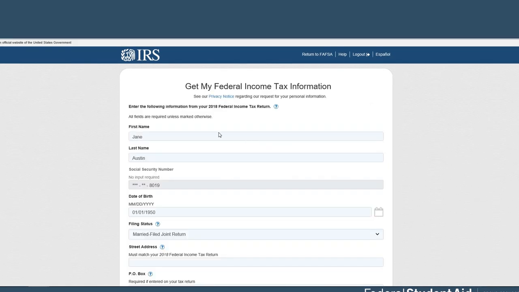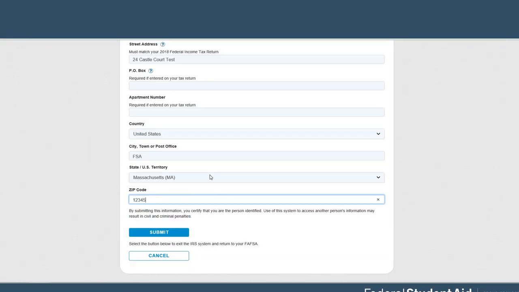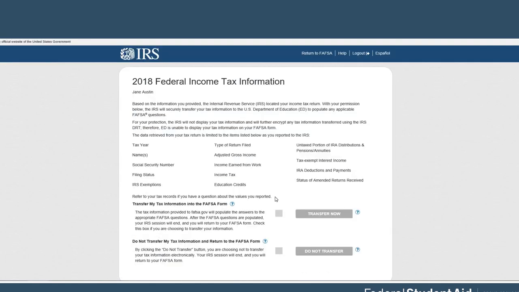Now, as with the parent that you were working on behalf of or working with, you're going to put your first name, last name, social security number, date of birth, the status under which you filed, and the state and zip code, and then you're going to submit that, and hopefully the information will be transferred.